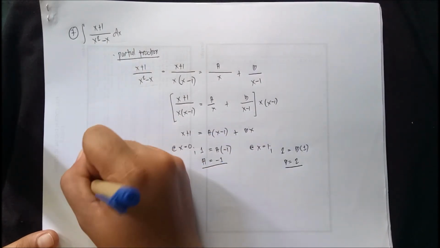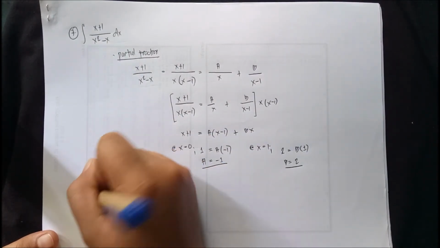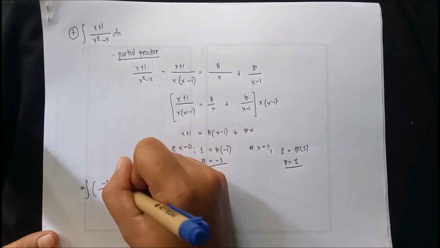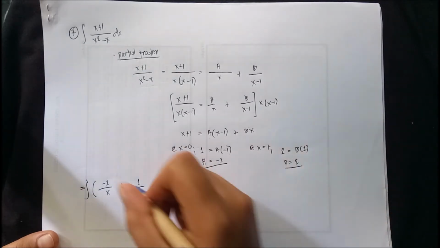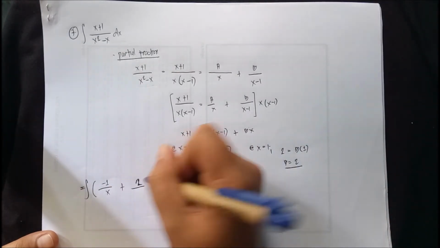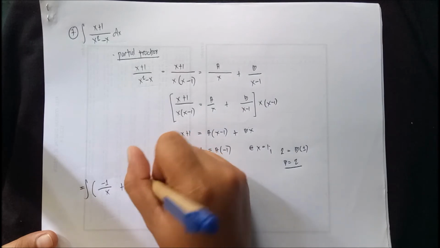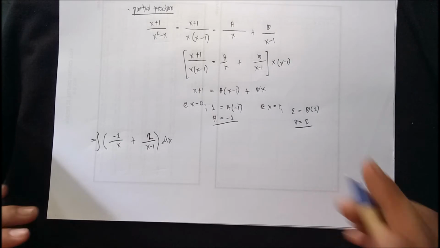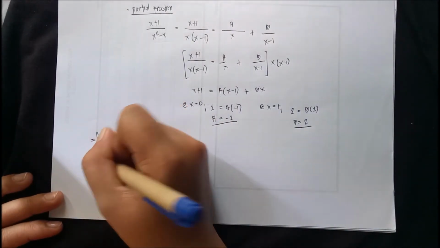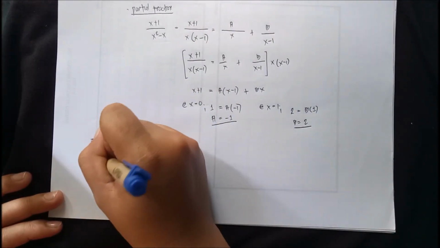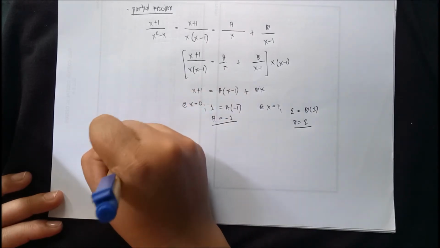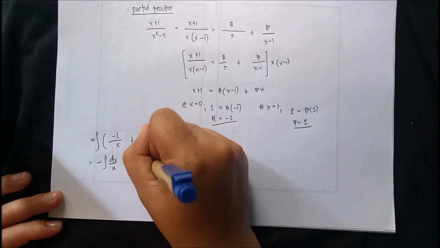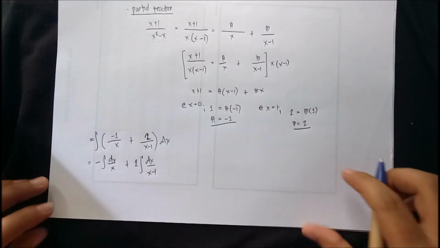So, therefore, pwede ko nang isulat yung ating integral into, nandito na yung magiging itsura niya. Negative 1 all over x plus, oh, sorry, that's 2 all over x minus 1 dx. Okay? Distribute ko ulit yung integral. Lagay ko na lang si negative dito. This is negative the integral of dx over x plus 2 times the integral of dx over x minus 1.